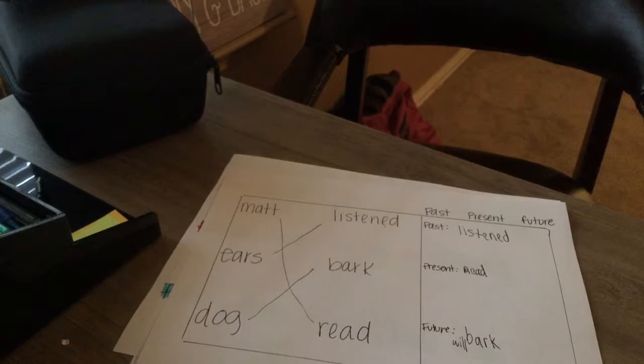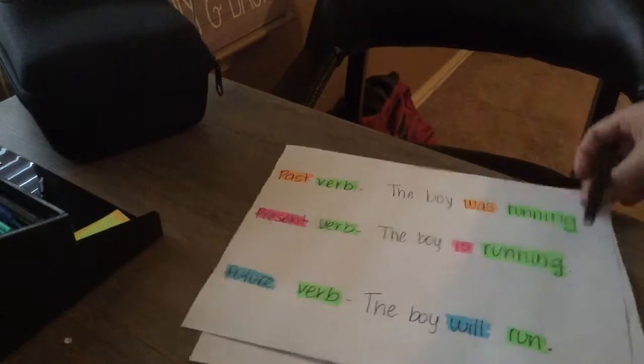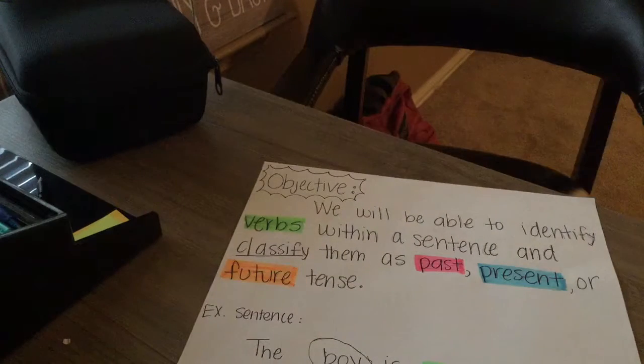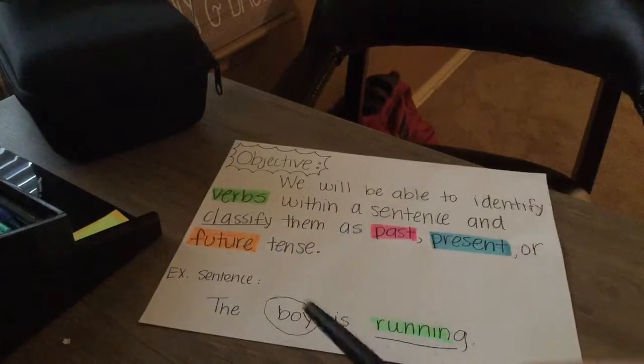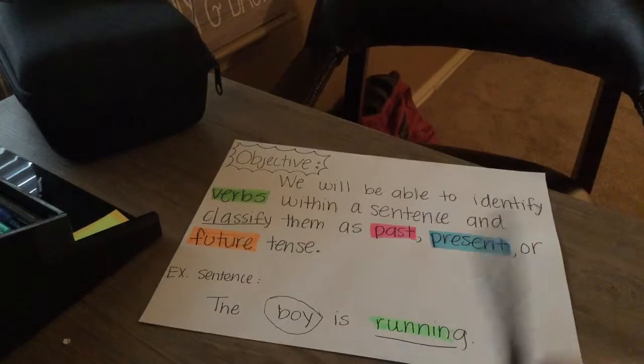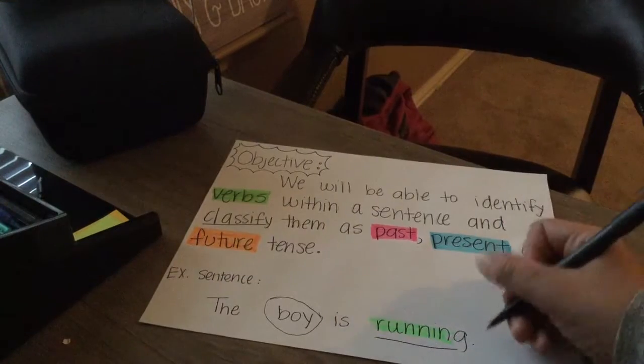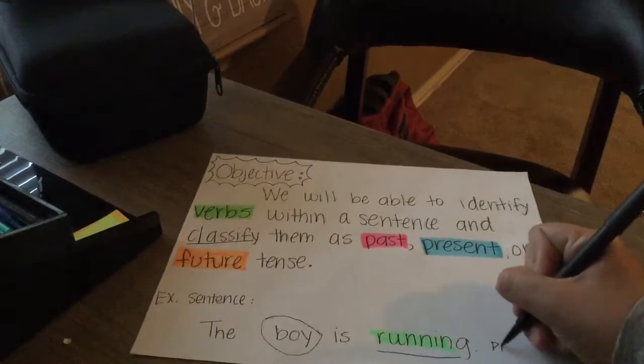All right now. Okay, let's go back to our objective. We will be able to identify verbs within a sentence and classify them as past, present, or future tense. The boy is running. We identified our verb and classified it as running, which is present.